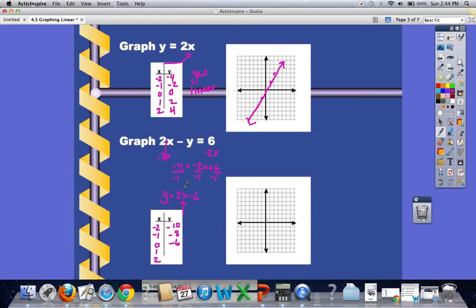And then 1 times 2 is 2. 2 minus 6 is -4. And then 2 times 2 is 4. 4 minus 6 is going to be -2. Okay, so there's our new ordered pairs. So every time you plug it in, it's going to be different things because you have a different equation.